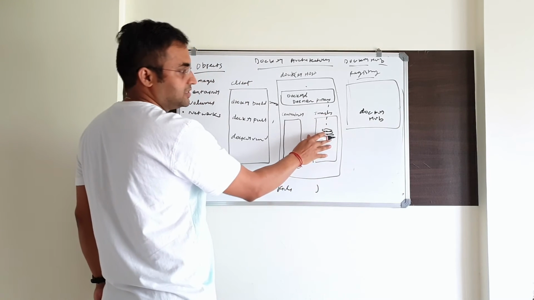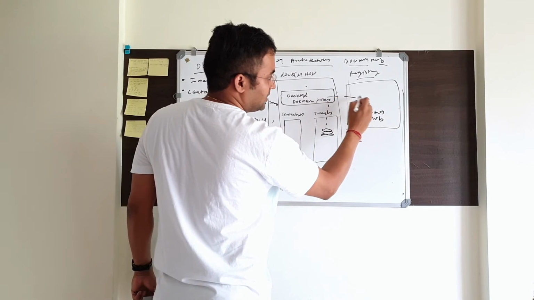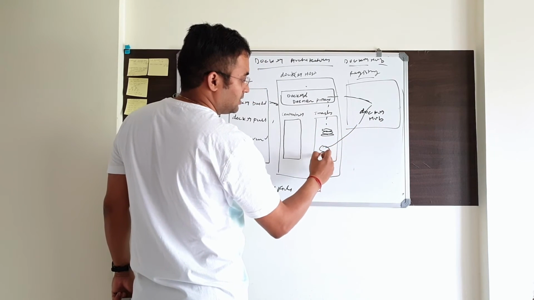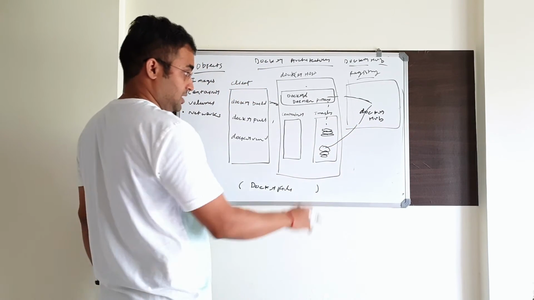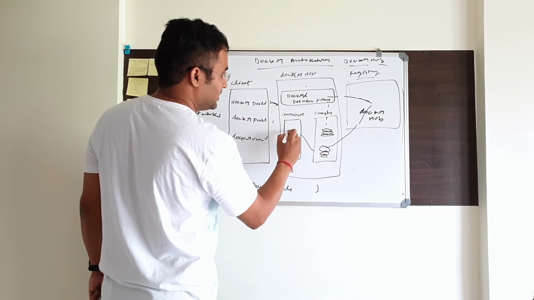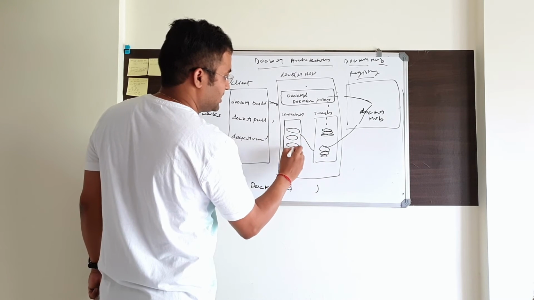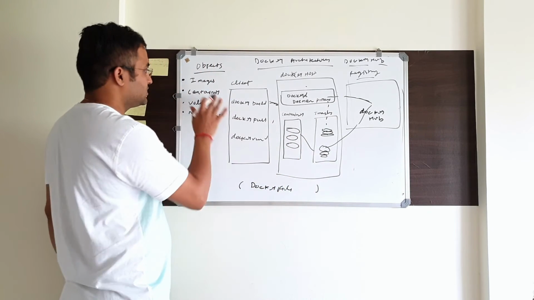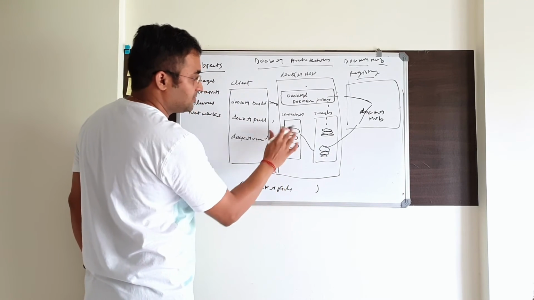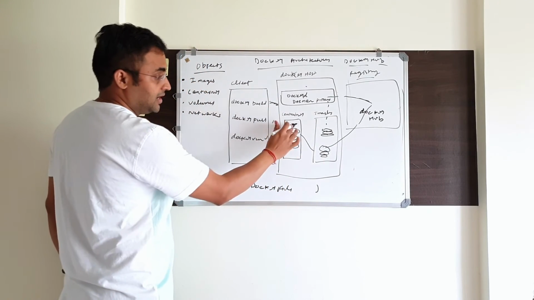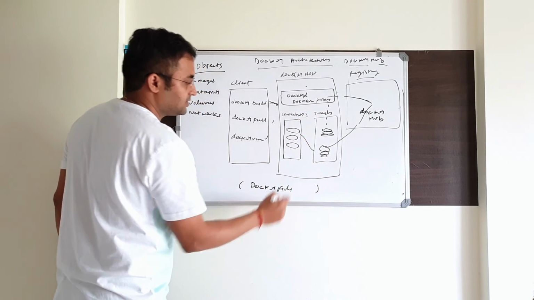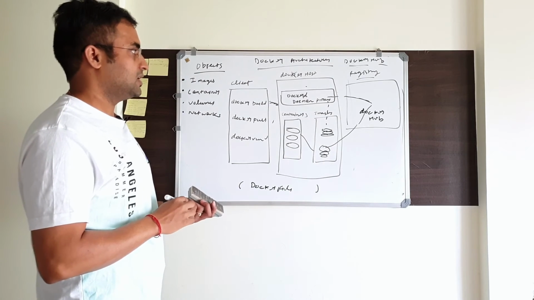If the Docker image is not available, it goes to the registry and pulls these images into the local file system, and this local file system is used to invoke this container. So a container is a layer on top of this image, and that file system is mounted on that layer. That is an isolated environment that runs, which we have already seen.